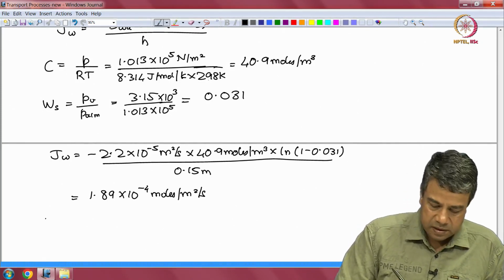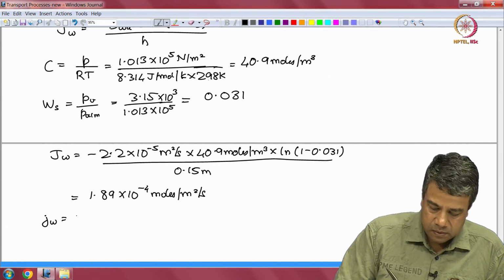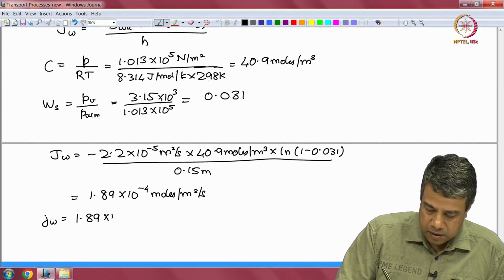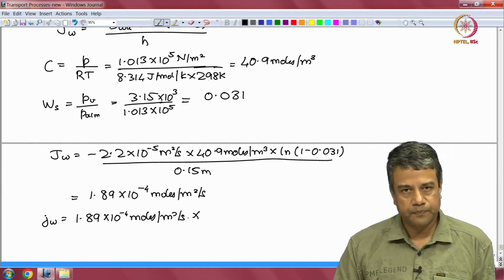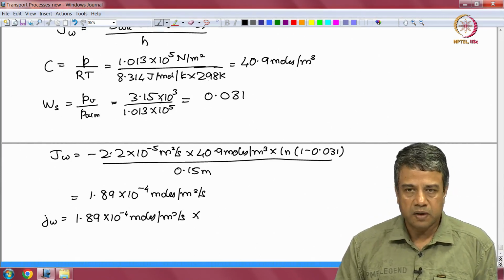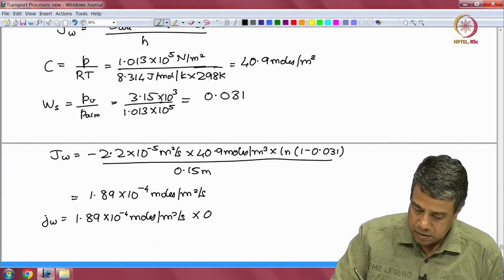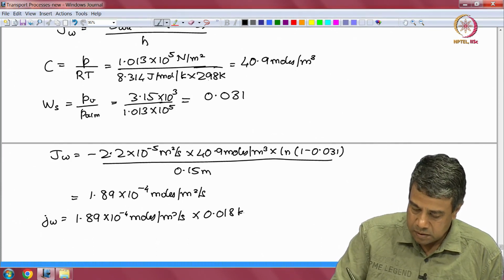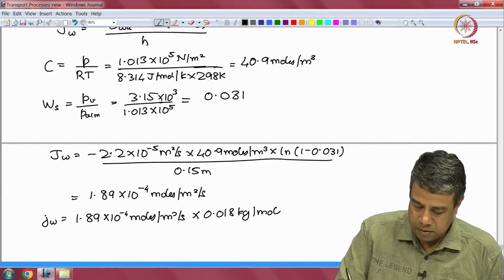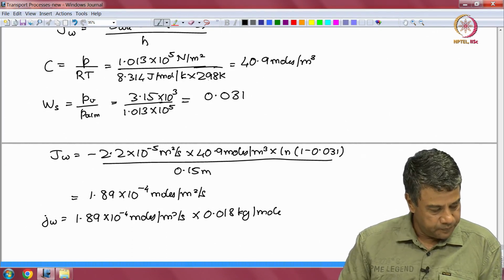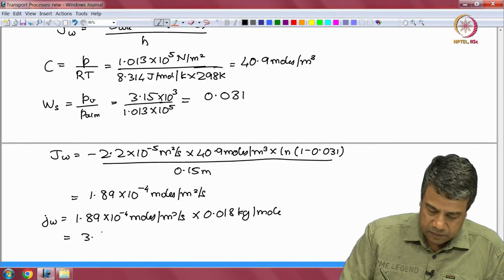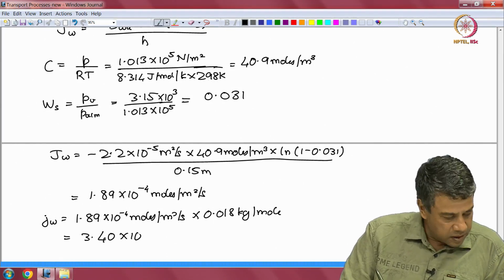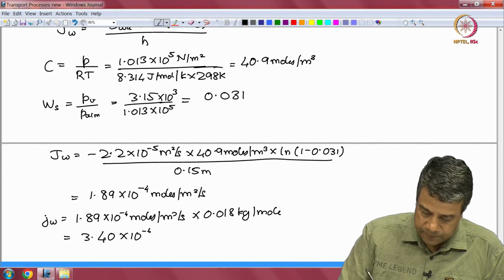The mass flux is equal to 1.89 into the molecular weight of water. This turns out to be equal to 3.40 into 10 power minus 6.